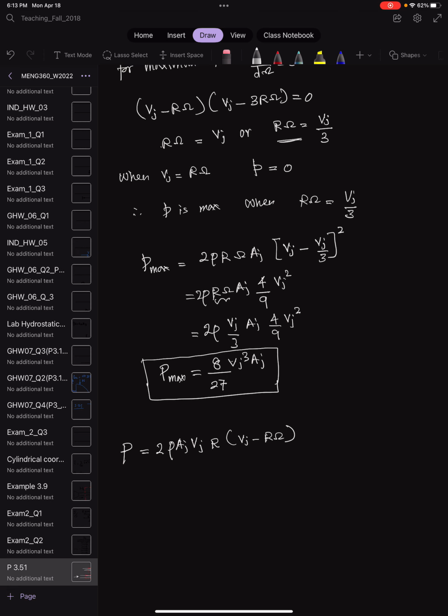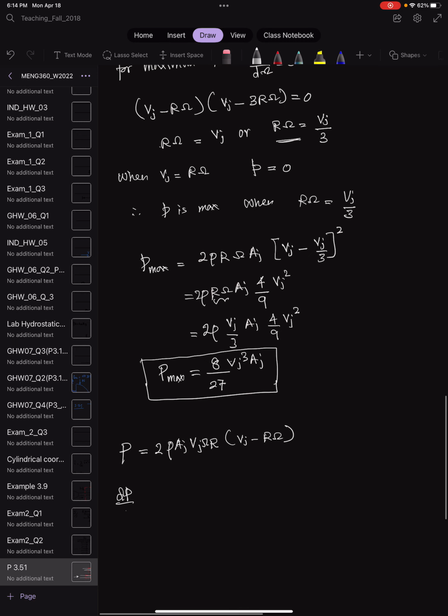So if you want to find the maximum power in this case, rho aj vj, actually I'm missing omega here, I can find dp over d omega.